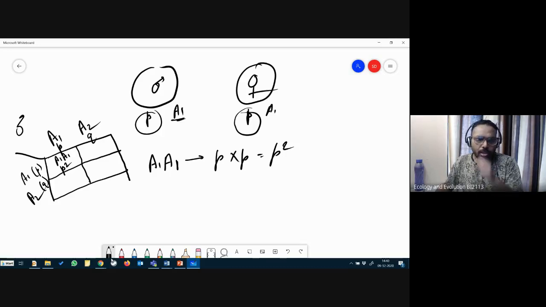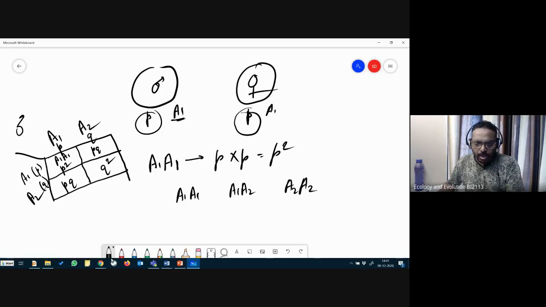The probability of making an A1A2 is PQ. The probability of making an A2A1, which again, if you don't consider ordered genotypes, is again A1A2, is PQ, and the probability of making an A2A2 is Q square. So, 2PQ, because I'm adding these two, is this, right?